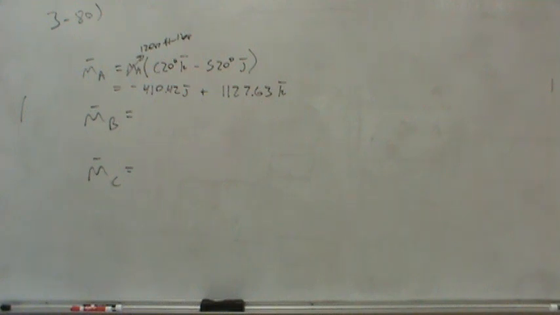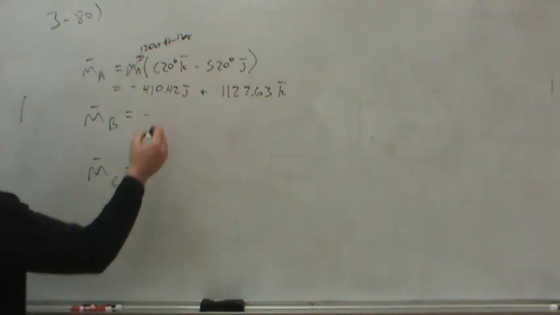How about the 900 foot-pound torque? What shall I do with that? You tell me. It lies in the YZ plane. Will it have positive or negative components on the y-axis? It will have negative components. How about on the z-axis? That's correct, it will have negative on the z. So both of these are going to be negative.